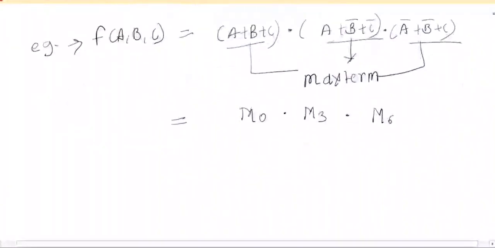Now similarly, if any other max terms are available in your expression, you simply find out the M notations and write them into the expression. Now once you have written all the max terms, you have to again take M common and give the notations in the parenthesis, indicating that M0, M3 and M6 are the max terms.